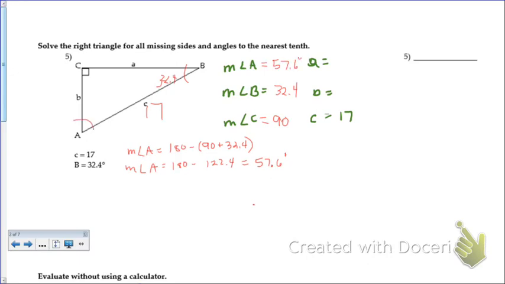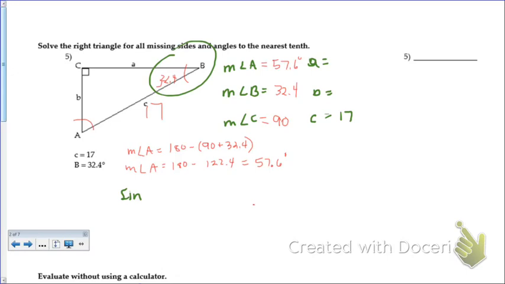So we've got that one. Now I want to find sides A and B. Since I don't have two sides, I can't use the Pythagorean theorem yet. So what I need to do is use one of my trig ratios. I can use sine or cosine, either one, because they both have the hypotenuse in them, and I only have the hypotenuse. So I'm going to use sine here of the angle that they gave us.